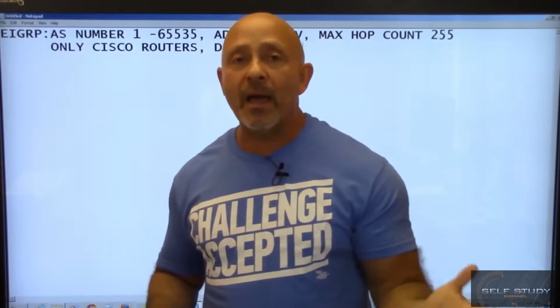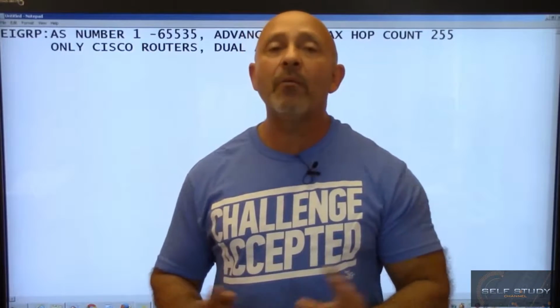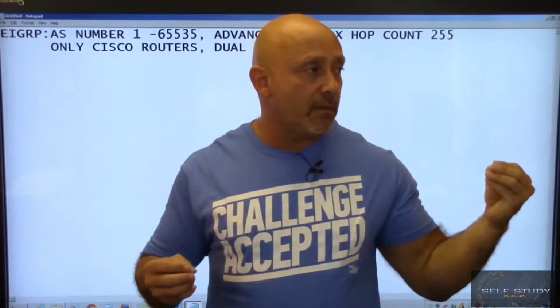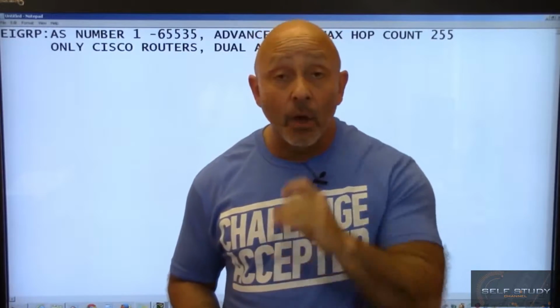A straight line. So if it sees one hop away, I'm going that way. Doesn't matter if it's a 56K line or what it is. It's not paying attention to heavy traffic this way or slower this way. It doesn't pay attention to what's going on in the network. It just sees this is the shortest route from point A to point B based on how many routers I have to go through.